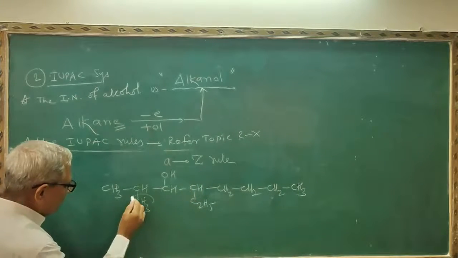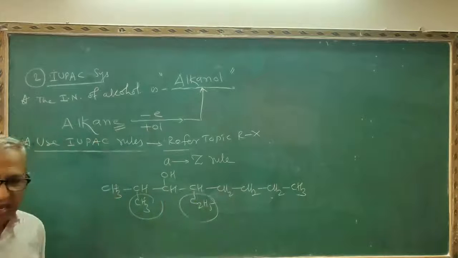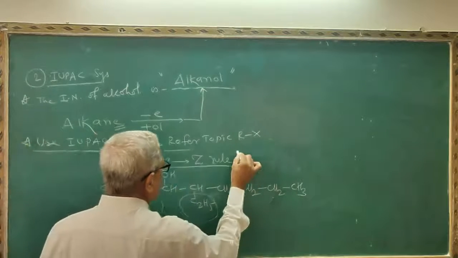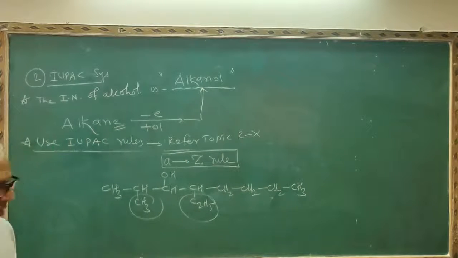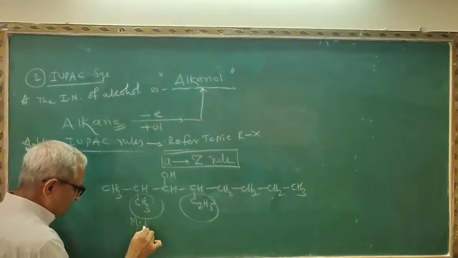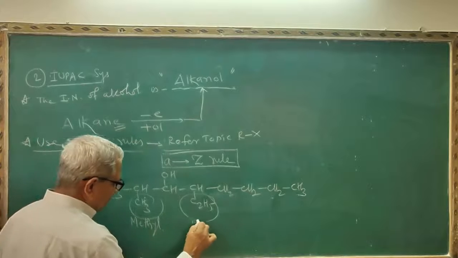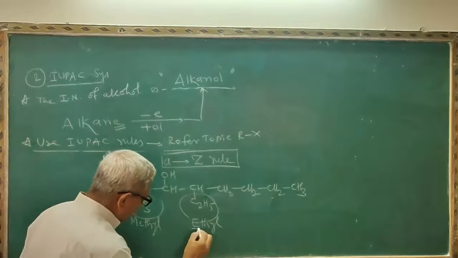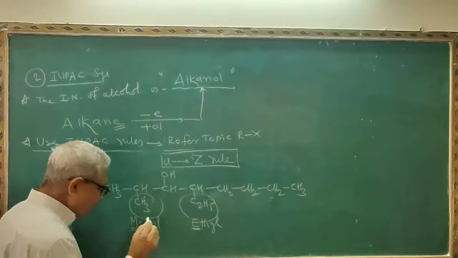Now see, these substituents are same or different? Different here. Therefore you have to use the alphabetical order rule. The name of this substituent is methyl. Name of this substituent is ethyl. As per the alphabetical order here, first E and then M.